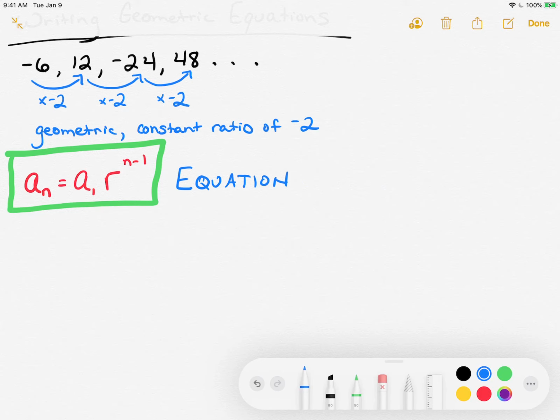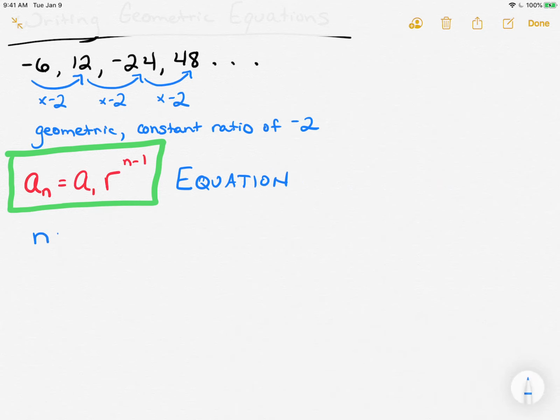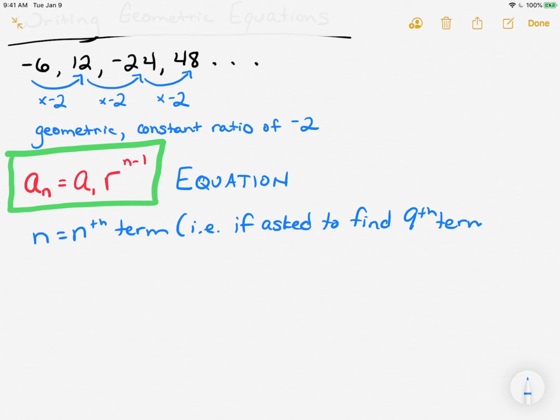So let me explain to you what the various pieces of this mean. N is the nth term. So for example, if you were asked to find the 9th term, nth, n with a little th, nth term, find the 9th term, n equals 9.